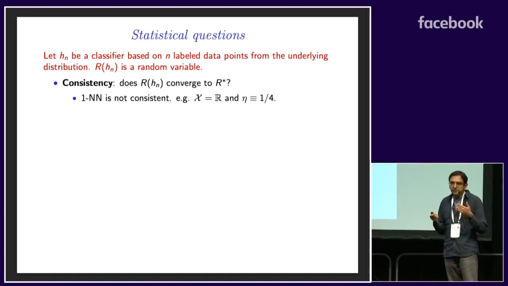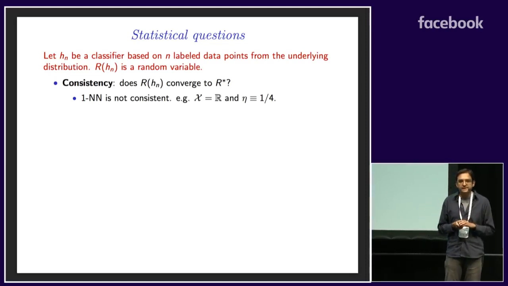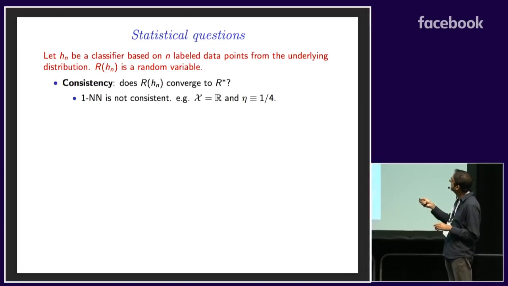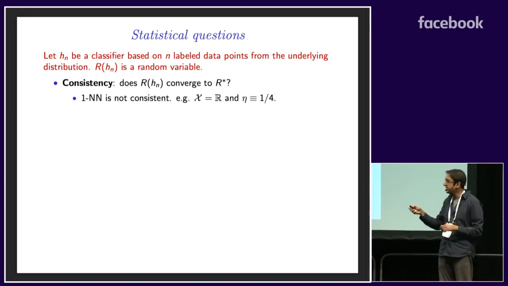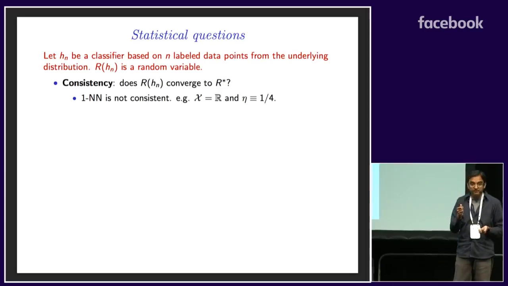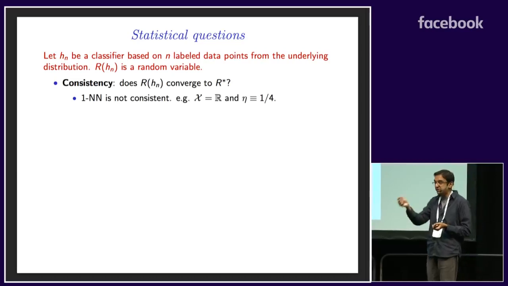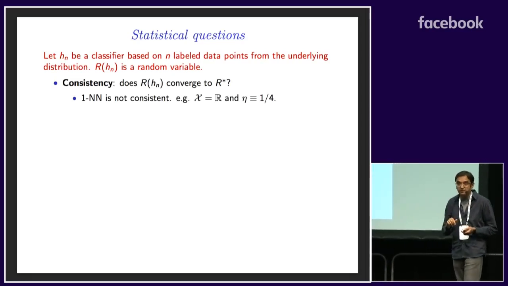And the first basic fact about nearest neighbor is that one nearest neighbor is not consistent. And here's an example, okay? So let's say the data lie on the line, so x is R, and the label at any point is a coin flip with probability a quarter. Okay, so at any given point, you just toss a coin, and with probability a quarter, it's 1, with probability 3/4, it's 0.